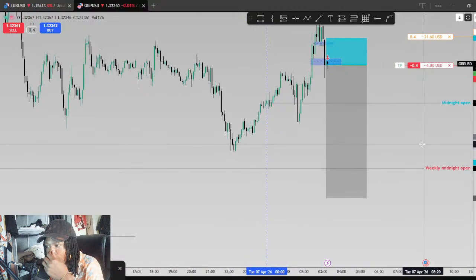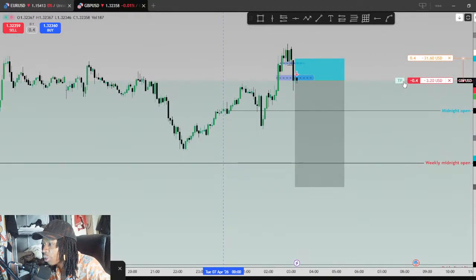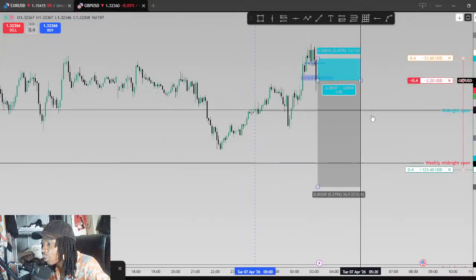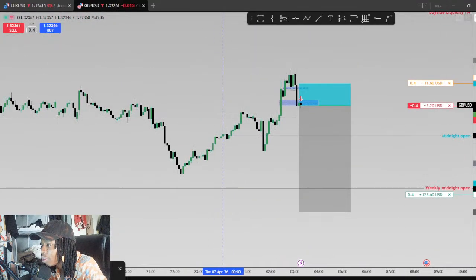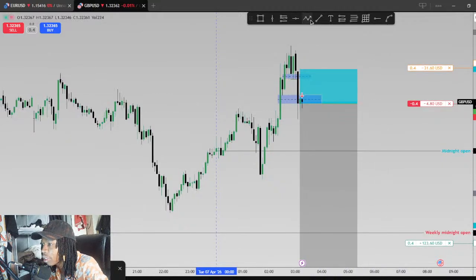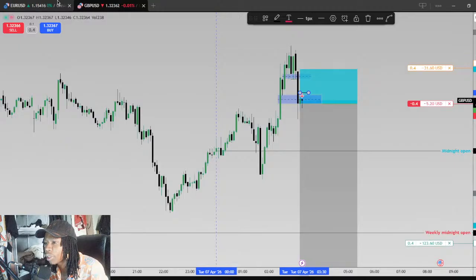Okay, let me show you what I've seen and why I have chosen to take the position in here. So you can see how on that candle open, we didn't go to this high here, but look at euro USD.